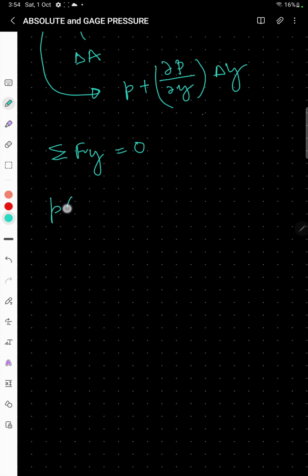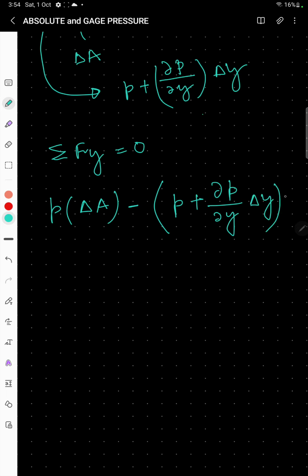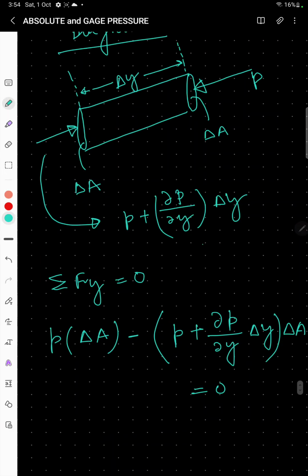So this is P delta A minus (P plus del P divided by del y multiplied by delta y) multiplied by delta A, and that will be 0, because if you see the summation of all the forces over here, it is pressure here multiplied by the area, pressure here multiplied by the area. If you are going along this direction, this is positive and this is negative, so this equation will come out like this.